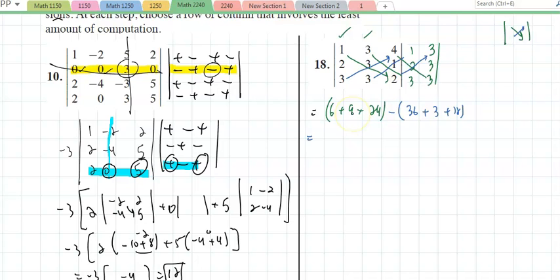So that is actually 24. 39 minus, and this is 12, 15. 51. And that's a negative, what is that? 12.